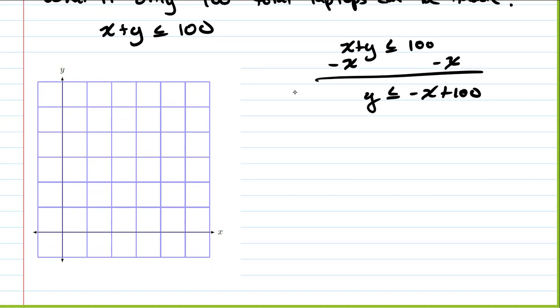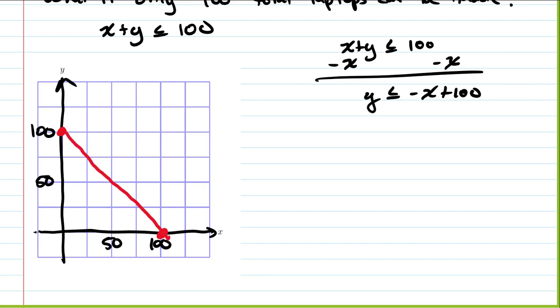So once again, if I scale this graph in 25s, so I'll just do 50 and 100, and then 50 and 100. If I were to graph the line y equals negative x plus 100, it would have y-intercept 100 and slope negative 1, so it would go here.